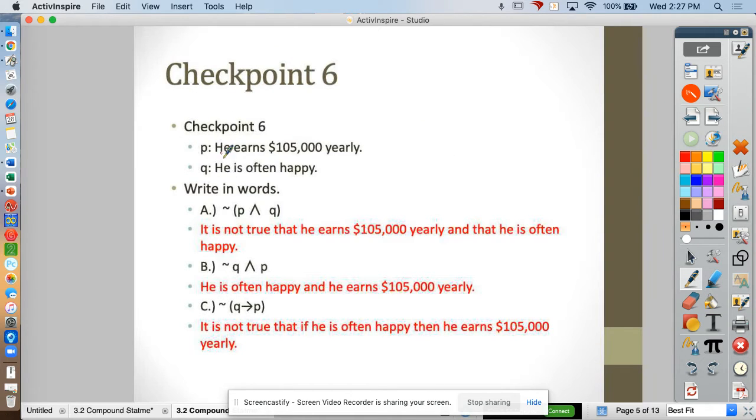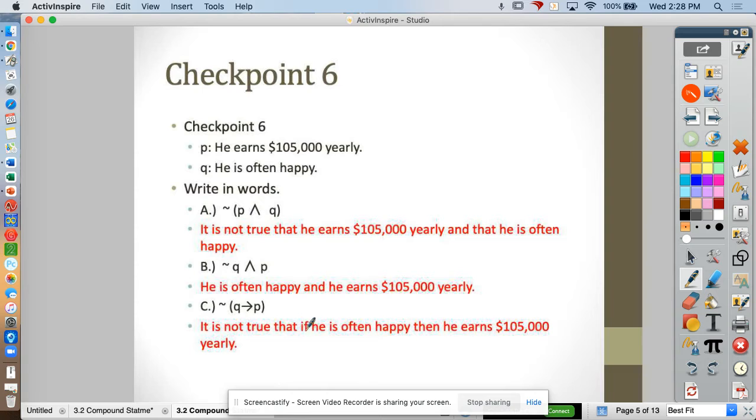Okay, so now that you've come back, here are the two sentences. He earns $105,000 yearly. He is often happy. Again, the negation symbol was outside the parentheses, so we simply said it's not true that he earns $105,000 yearly and that he is often happy. I'm going to jump to the C one. Also, it is not true, but this one was the if.